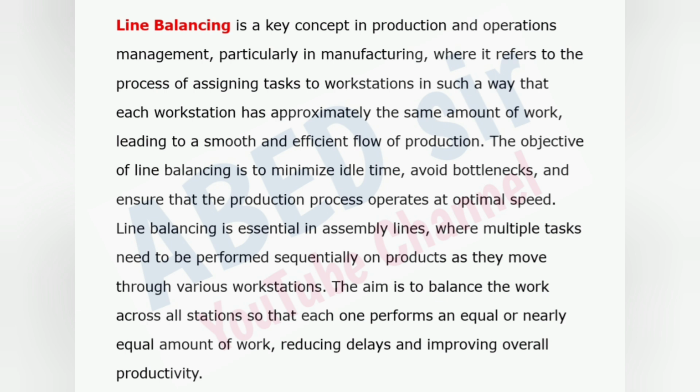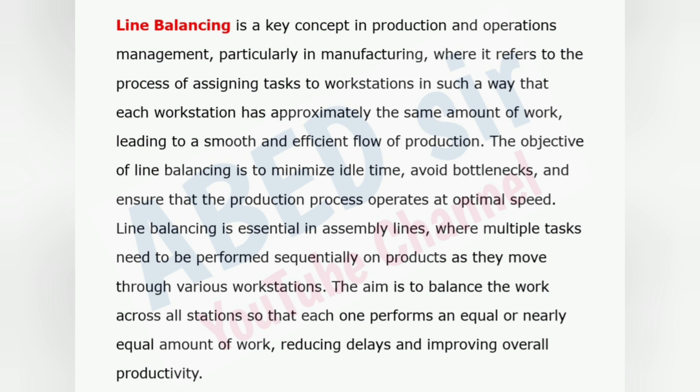The objective of line balancing is to minimize idle time, avoid bottlenecks, and ensure that the production process operates at optimal speed. Line balancing is essential in assembly lines, where multiple tasks need to be performed sequentially on products as they move through various workstations.